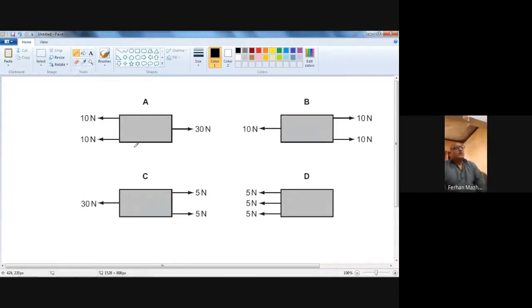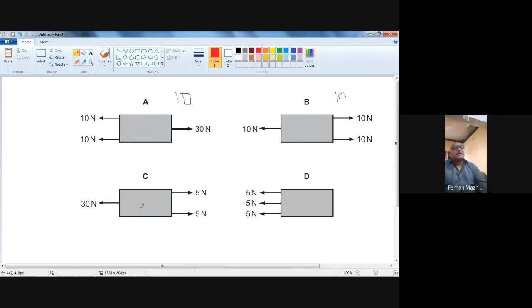So you can see here there is 20 Newton force towards the left and 30 Newton force towards the right. So the resultant will be 10. In this diagram, 20 Newton force to the left, 10 Newton force to the right. So the resultant will be 10 Newton towards the right side.